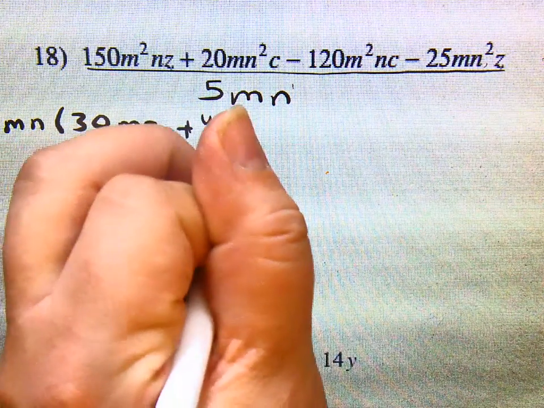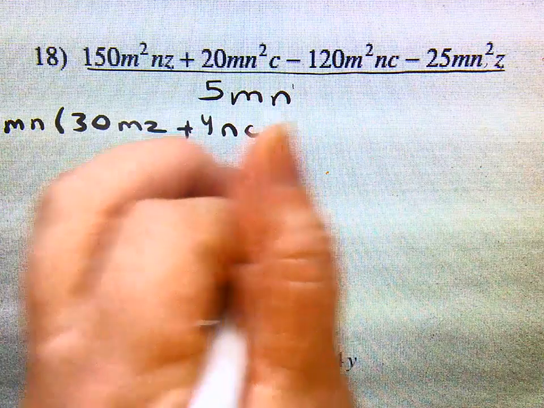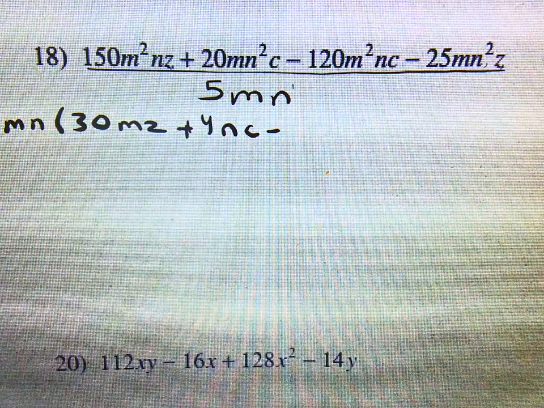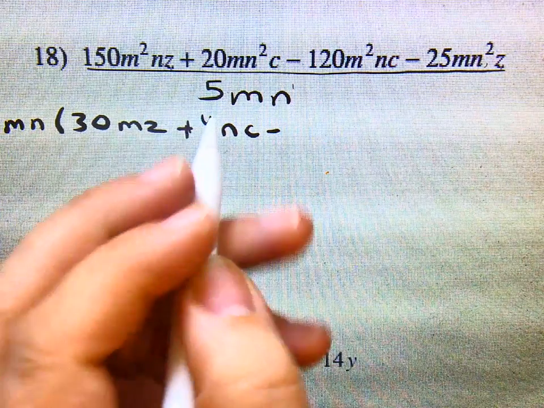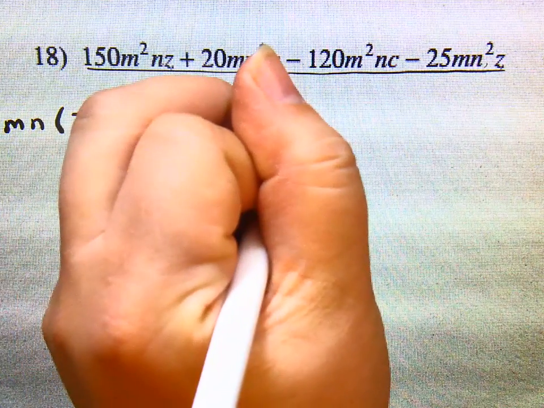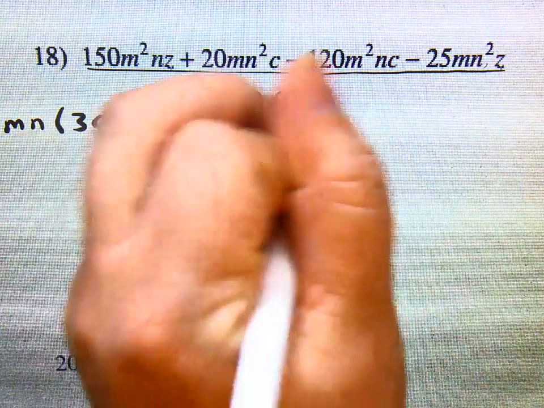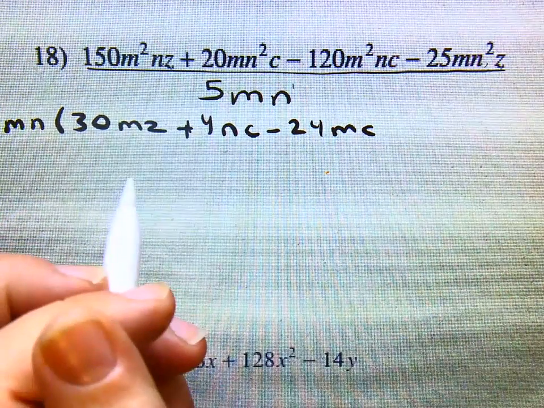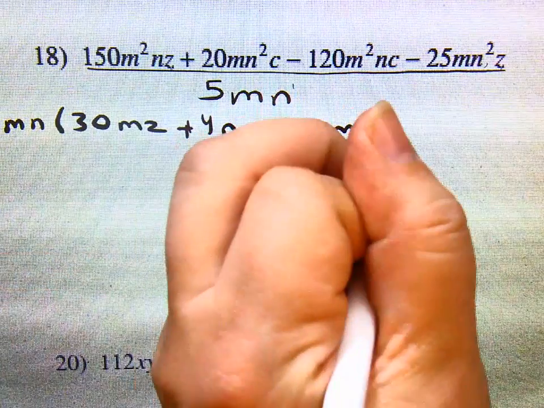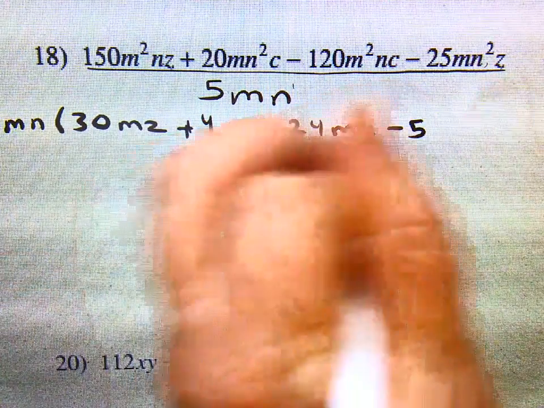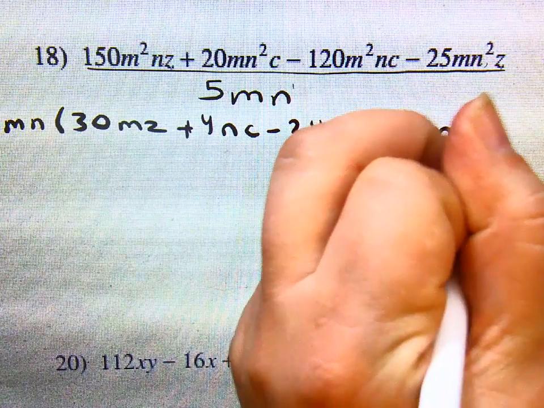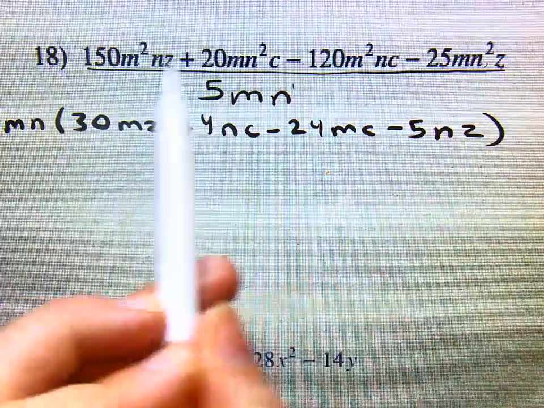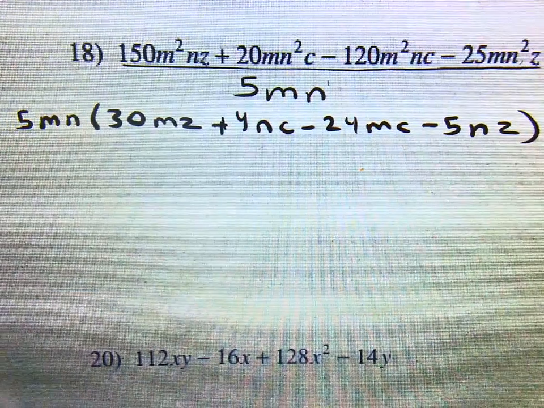I'd have one n left and a c. 5 goes into 120 times, so it goes into 24 times. So it should go into this 24 MC. Minus 5, M will cancel, 1 N and a Z would be left. So the only thing I've done so far is divided everything here by my 5 MN.